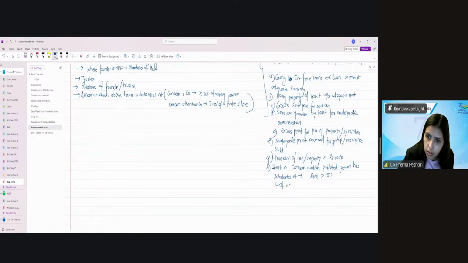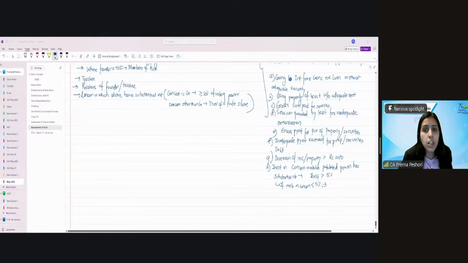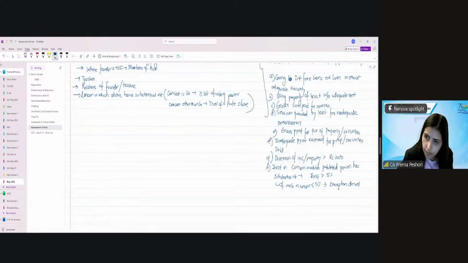If the investment in the concern is less than 5%, then exemption will be denied only with respect to the income from the investment. The remaining exemption will be allowed for the remaining investment.